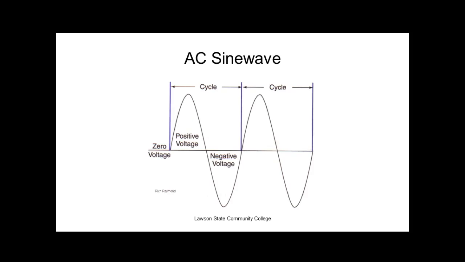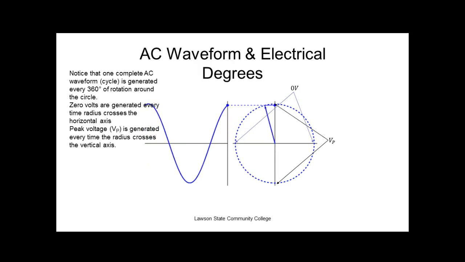So we pick up some terms. We've got a repetitive waveform. How long is this repeating? All the time, cycle after cycle after cycle. That's like years. How often does a year repeat? Every year.